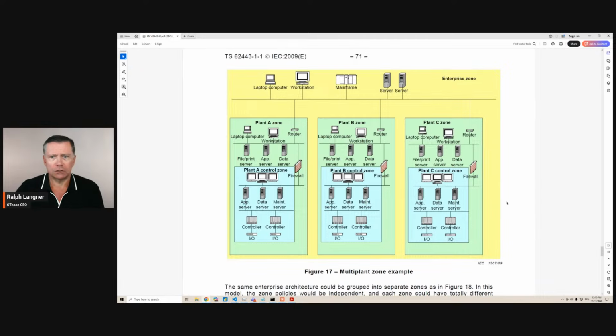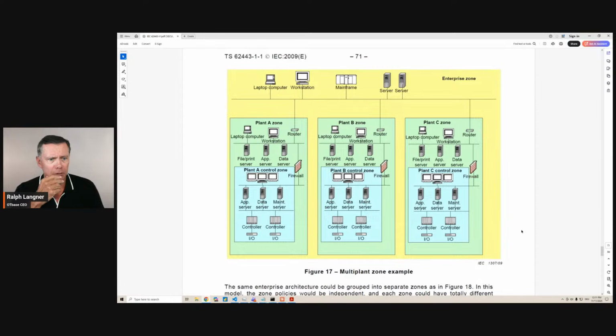Unfortunately, and this is an issue that I have with many of these documents, they're always way too oversimplified. They're simply oversimplified. Because they're talking about a whole plant here, and that plant seems to only have 2 controllers. I haven't seen such a plant, right? So that might be a tiny sewage plant, water treatment facility or something like that.